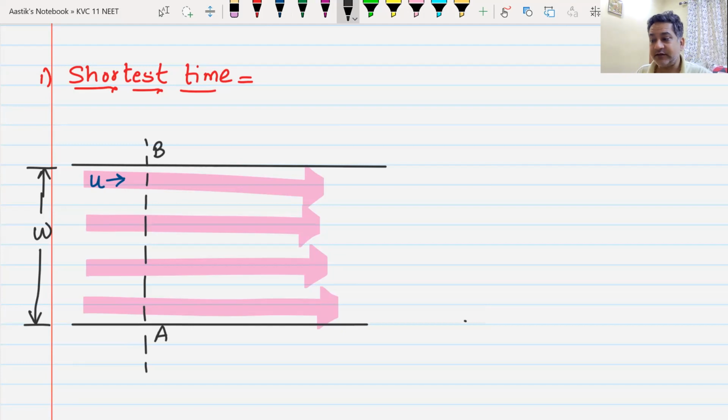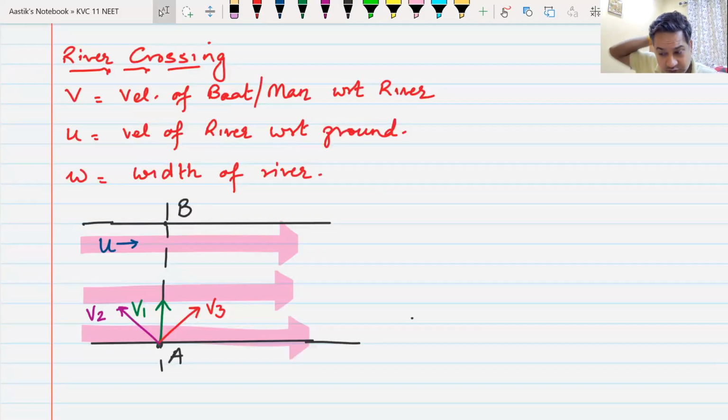Case number 1, case number 2, and case number 3. These are the three cases. How should he move so that he crosses the river in the shortest time? No idea?